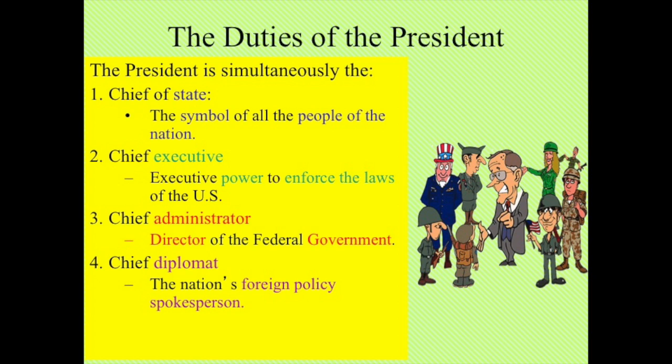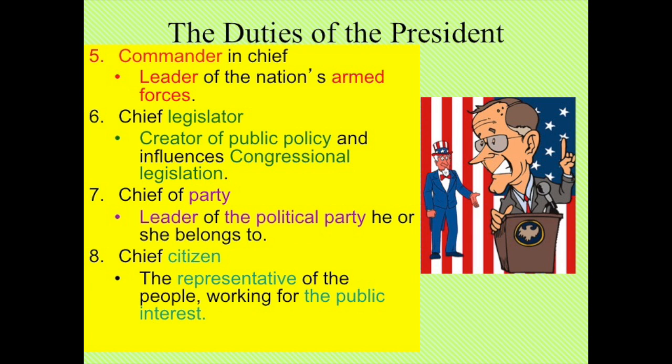As chief diplomat, the president is the nation's foreign policy spokesperson, responsible for making relationships, treaties, and alliances with nations around the world. It's a big impact on international affairs if the president sees it serves the U.S. to either form or to avoid an alliance with another nation. As commander-in-chief, the president leads the nation's armed forces and can utilize them as needed.